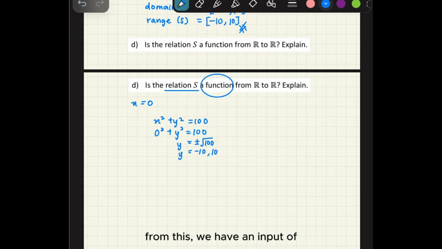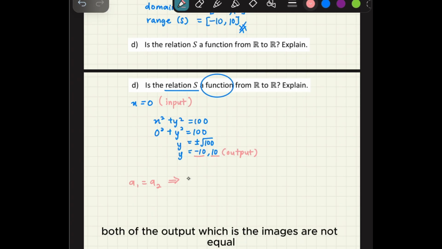From this, we have an input of x equals 0, but notice how the same input, where a1 equals a2, gives outputs y equal to negative 10 and also 10.